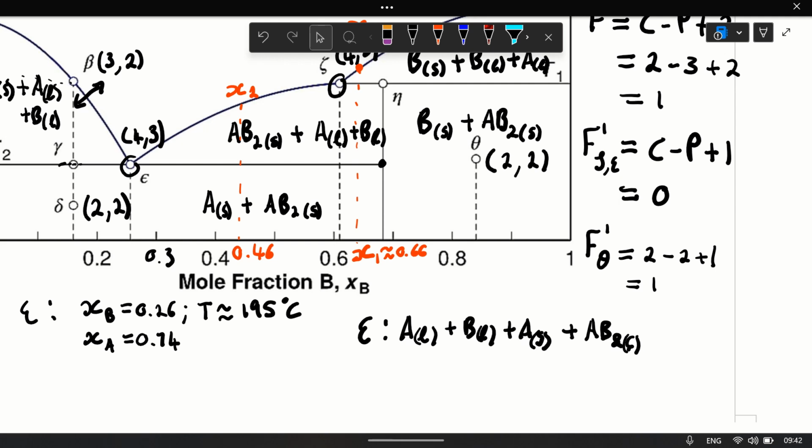Just because B is going to react with A, and that's going to also affect the system. So you can change one variable at a time, because there's sort of an implied variance with the reaction taking place as well. I hope that makes sense.